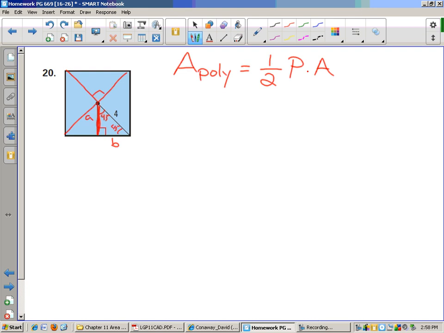What would I use if I have A and 4? What would I use to find what A is? It's one of the 3: it's either SOH, CAH, or TOA. So which one would I use for A and 4?